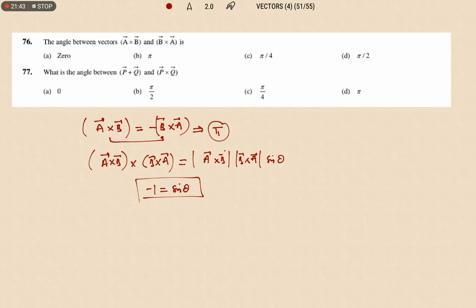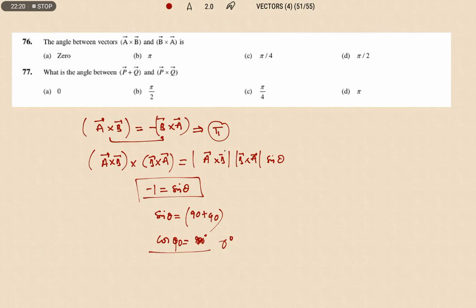Therefore theta value is cos inverse of minus 1, that is 180 degrees, sin 90 plus 90, sin 90 plus 90, cos 90 value is 0.